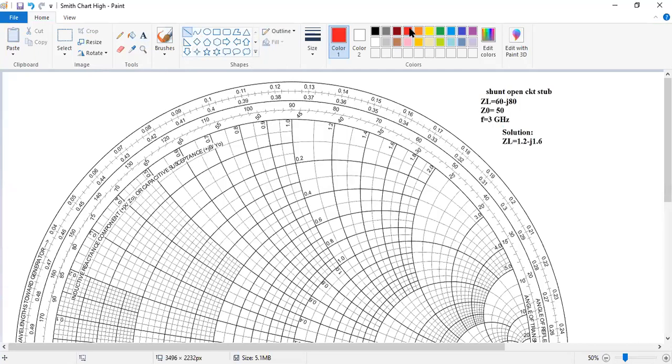Because it is a shunt stub, it is given in the problem. As it is the shunt stub, that's why we have to. If it is a series stub, there is no need. So ZL equals 1.2 minus j1.6.